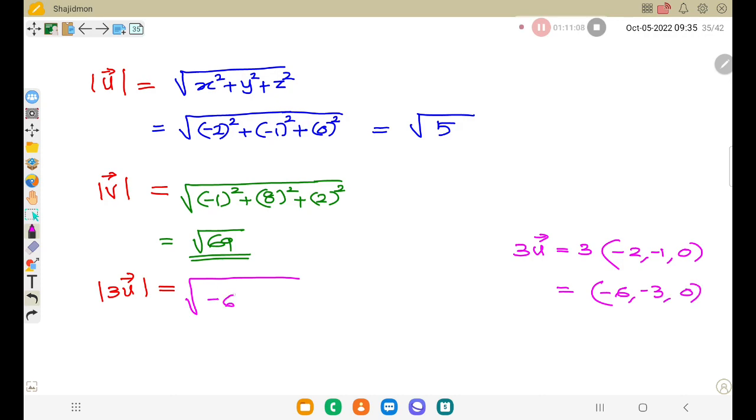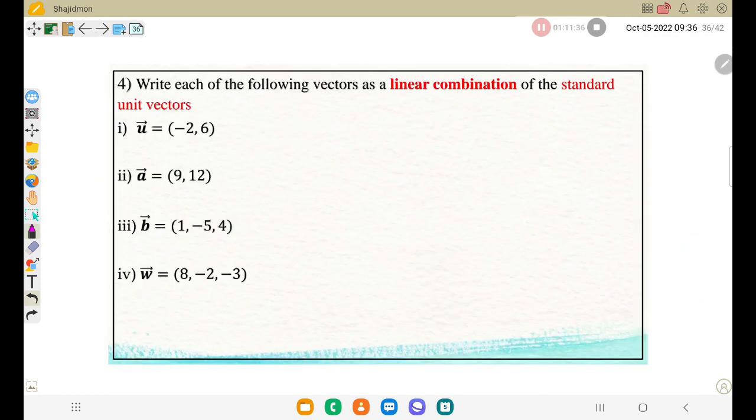So minus 6 power 2 plus minus 3 power 2 plus 0 power 2. That means minus 6 power 2 means 36, 3 power 2 means 9. So root 45. You can write the point number also. So root 45. Hope you understood this type of question. Now go to the next one.